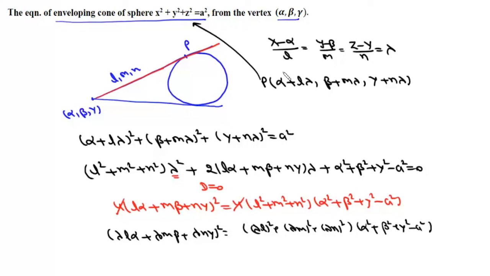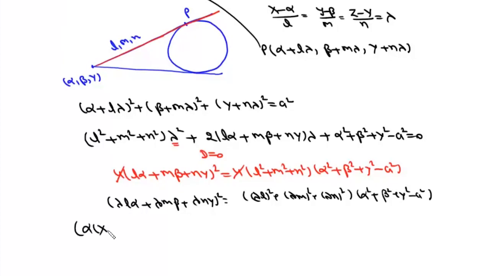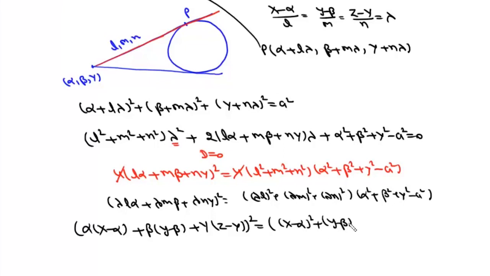Now, lambda L is nothing but x minus alpha. So we can write this as (alpha into (x minus alpha) plus beta into (y minus beta) plus gamma into (z minus gamma)) whole square, and it'll be equal to ((x minus alpha) square plus (y minus beta) square plus (z minus gamma) square) into (alpha square plus beta square plus gamma square minus a square).